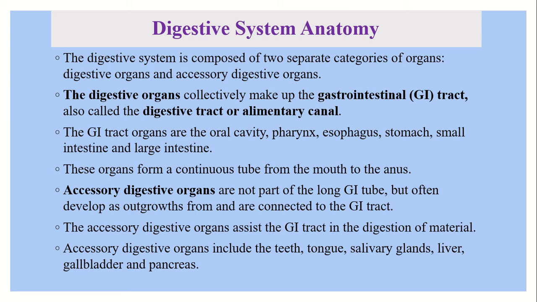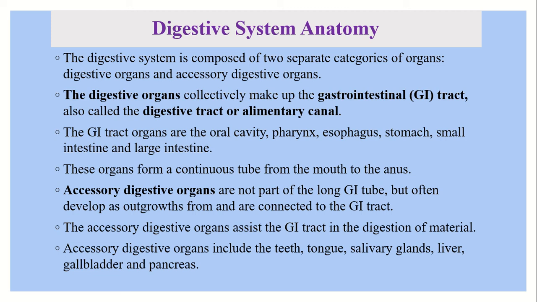Shortly we call it the GI tract. It is also called the digestive tract or the alimentary canal. The GI tract organs are the oral cavity, pharynx, esophagus, stomach, small and large intestines. These organs form a continuous tube from the mouth to the anus.